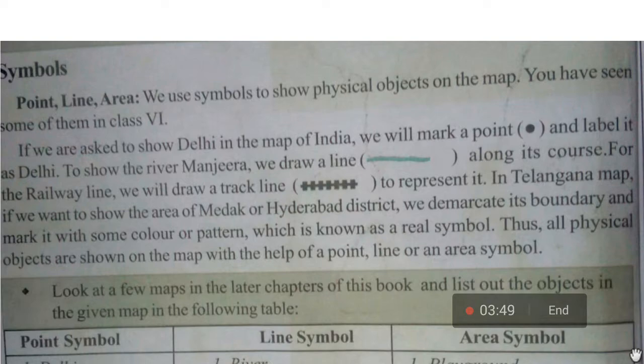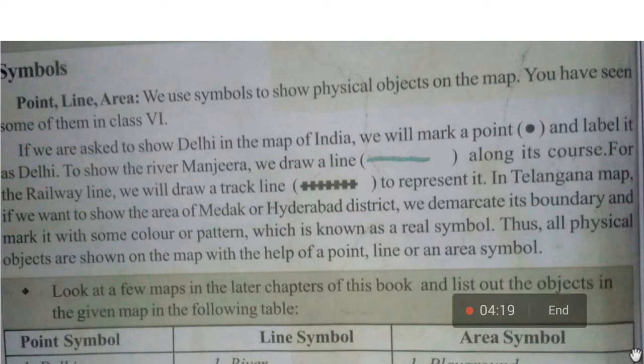How do we mark it? We put a dot mark. It shows the capital city, Delhi. Delhi is the capital city of India. That's the reason we point any capital cities, state capital cities or countries' capital cities with a dot mark. It is a symbol, and we label it as Delhi.